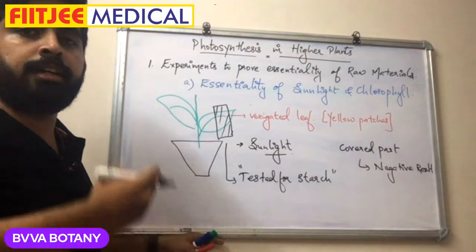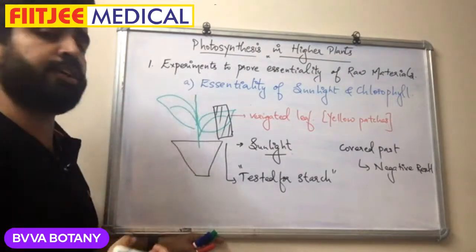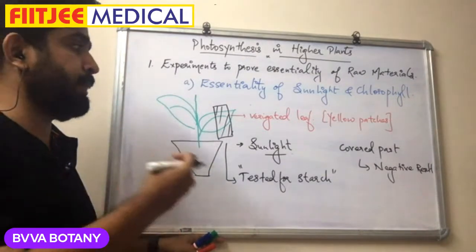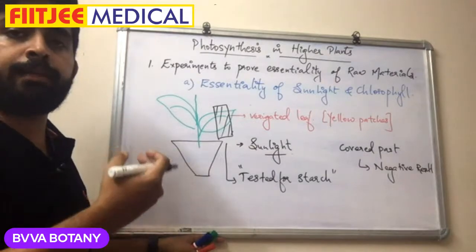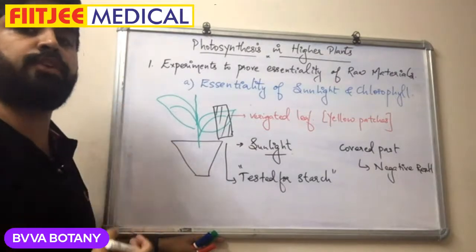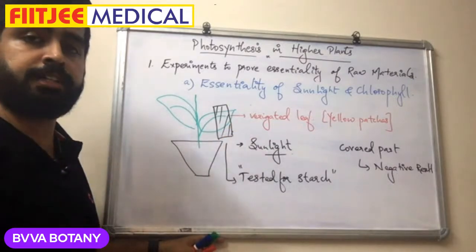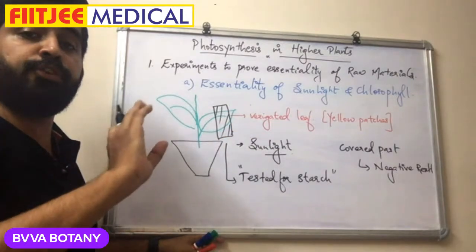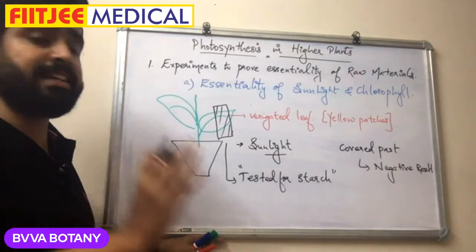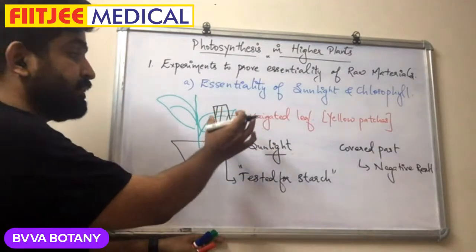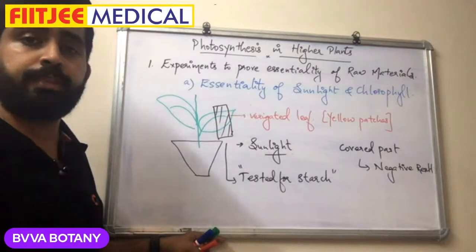We know that by photosynthesis we form carbohydrate, and the carbohydrate is accumulated in the form of starch. So in the covered region there was no formation of starch, which indicates photosynthesis did not happen in the covered region.